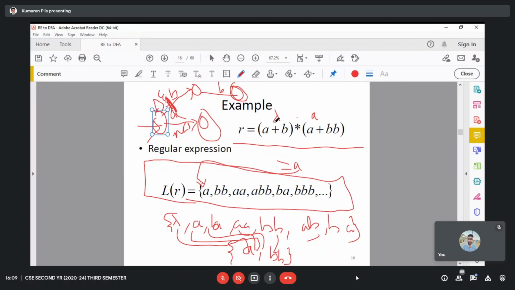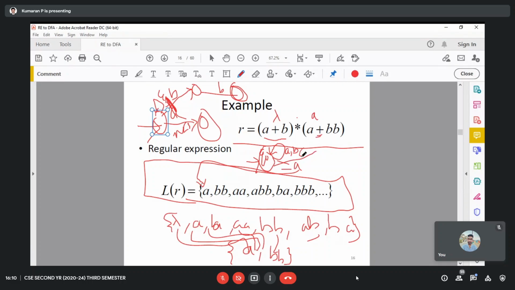So how can I easily draw the NFA for this? Very easy. I'll be in the state called Q naught. So what is that? A plus B star. Star means repeated. So in the self loop, I can put A plus B, which is equal to A comma B. Next, here I have an OR option.